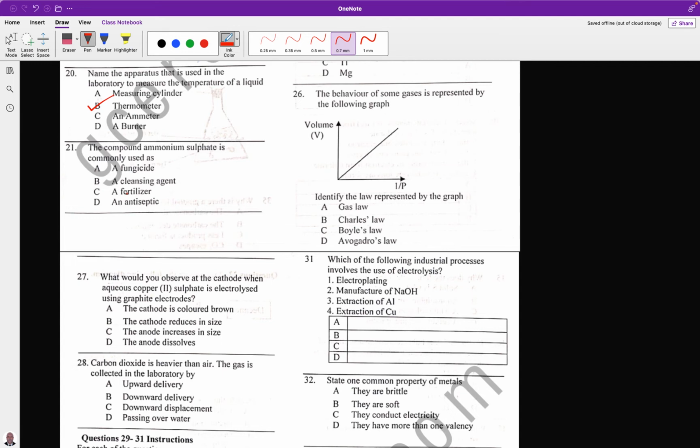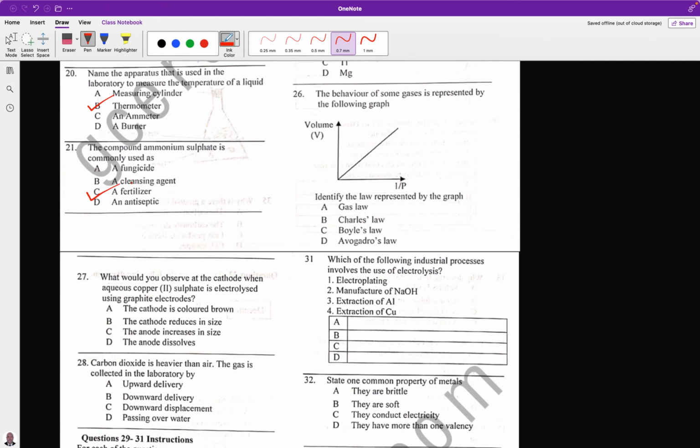The salt is used to generate nitrogen. In an NPK fertilizer, we have nitrogen, phosphorus, and potassium. So nitrogen is got from the ammonium sulfate when it is used as fertilizer. So now C is our answer. Question number 21, C is the right answer.